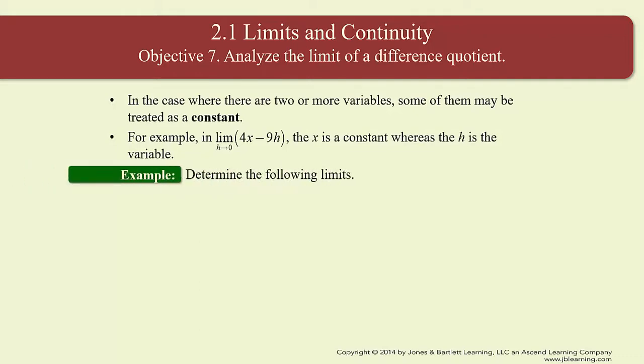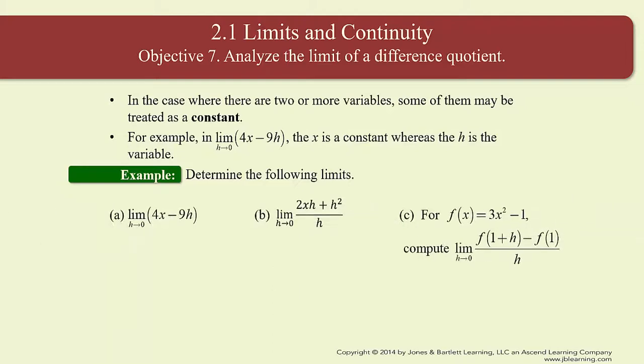So let's practice this. Here's an example. Determine the following limits. In part A, we're going to find the limit as h approaches 0 of 4x minus 9h. Part B, we'll find the limit as h approaches 0 of 2xh plus h squared over h.